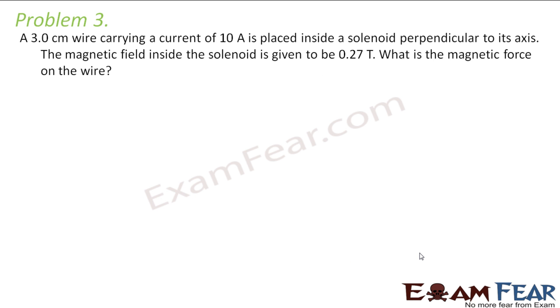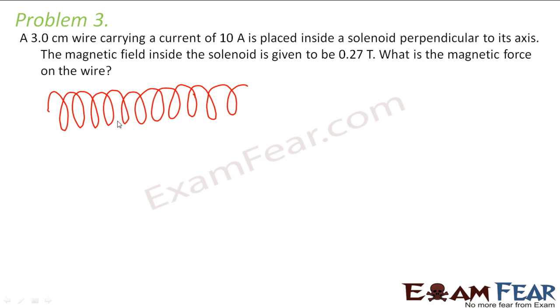Let us look at the third problem. It says that a wire 3 centimeter long carrying a current of 10 amperes is placed inside a solenoid perpendicular to its axis. Let us suppose this is a solenoid, and this is the axis of the solenoid.